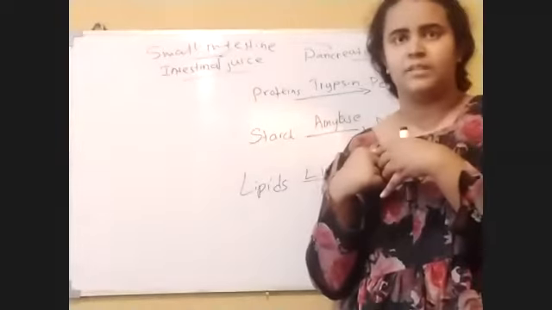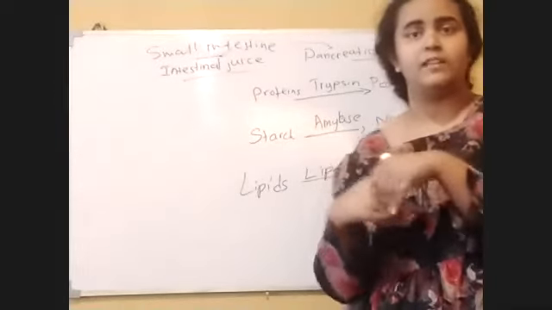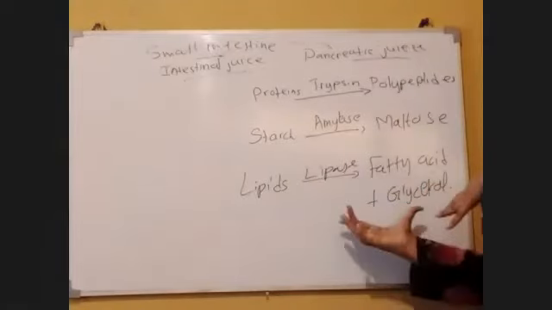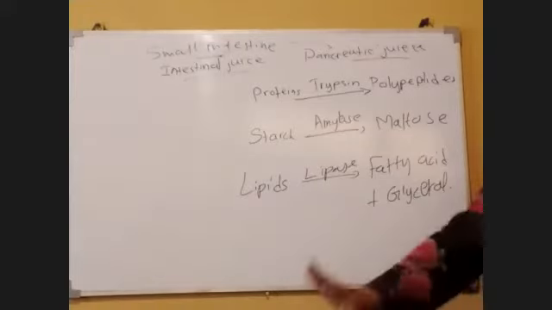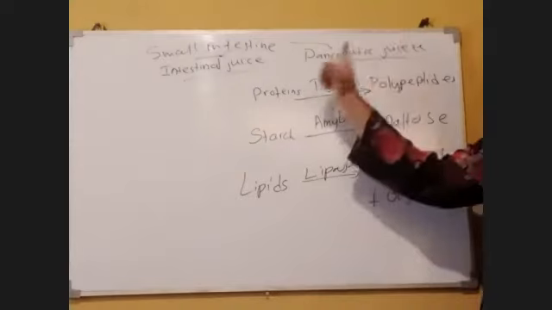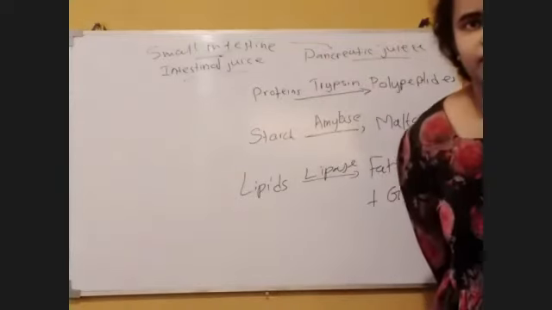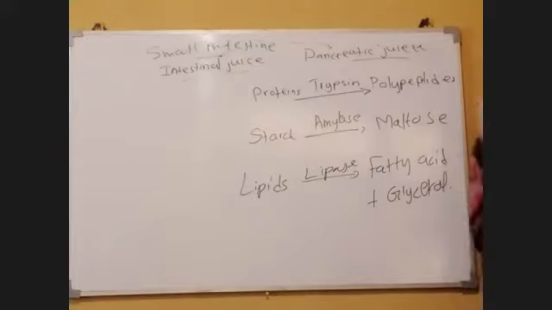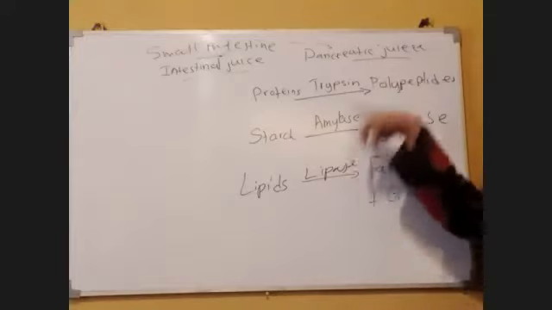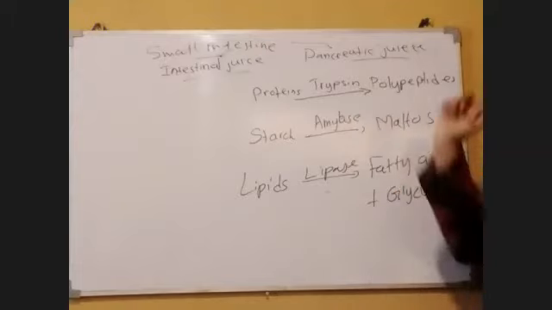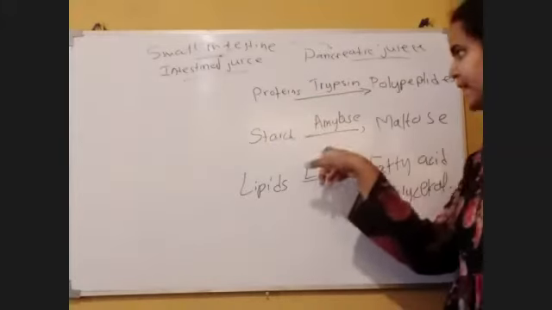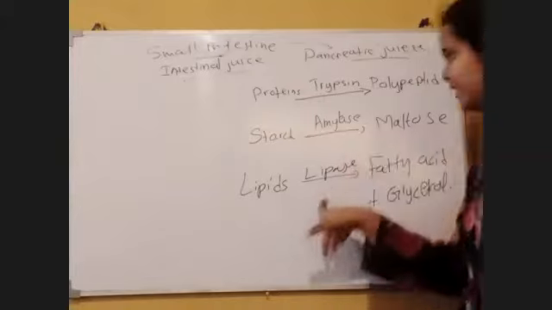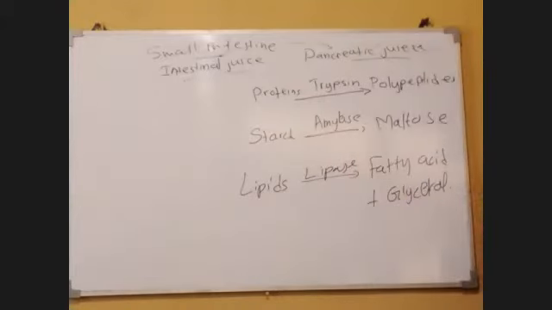The stomach does not digest lipids, because undigested lipids are transferred into the small intestine, so the whole digestion of lipids should happen in the small intestine by the pancreatic juice secreted by the pancreas. Okay, so summary. The pancreas secretes three enzymes, trypsin, amylase, lipase. Trypsin converts proteins into polypeptides, amylase converts starch into maltose, lipase converts lipids into fatty acids plus glycerol.